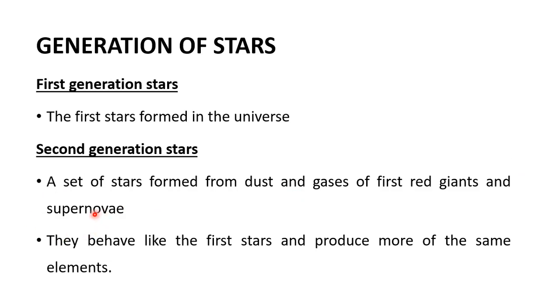When these expand or explode again, they release dust and gases, and these are the ones which form the second generation stars. The second generation stars behave like the first stars and produce more of the same elements, elements which are similar in terms of mass.